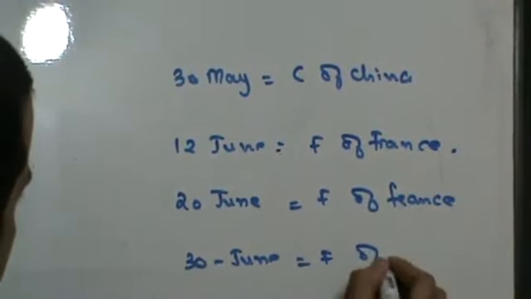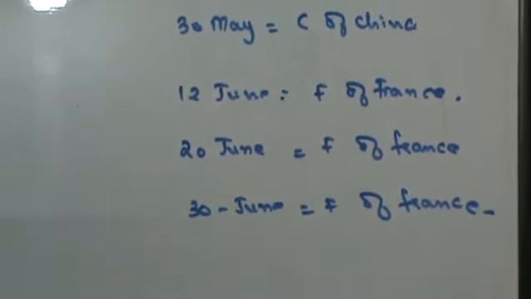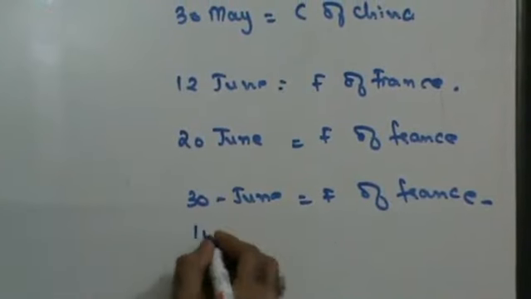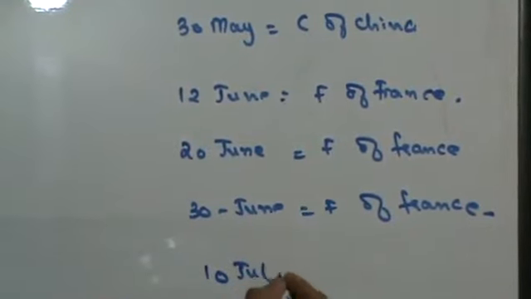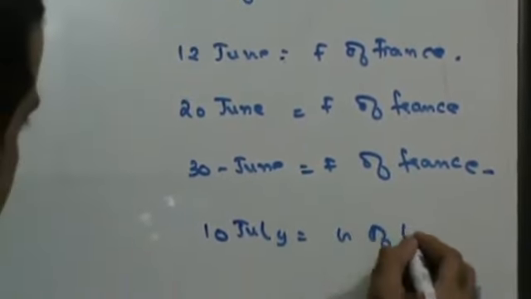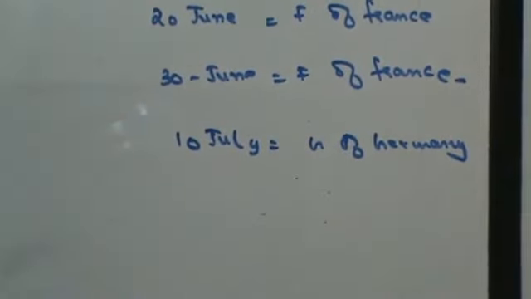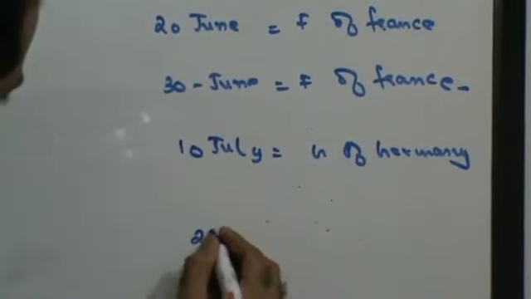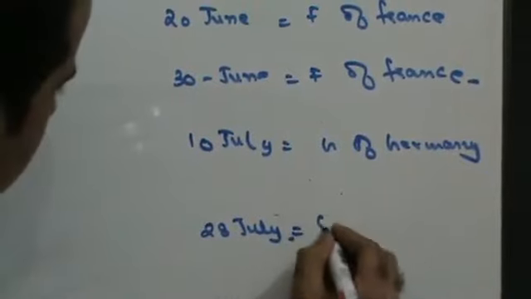Okay. Next, on 10th July, machinery was purchased. 10th July, you have G of Germany. Then the payment for which was on 28th July. Again you have G of Germany.